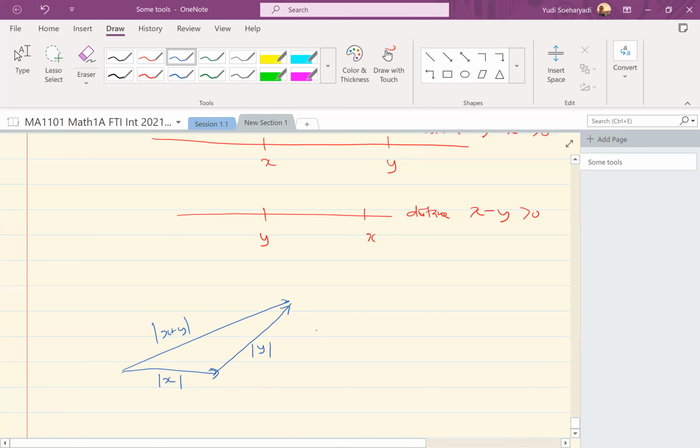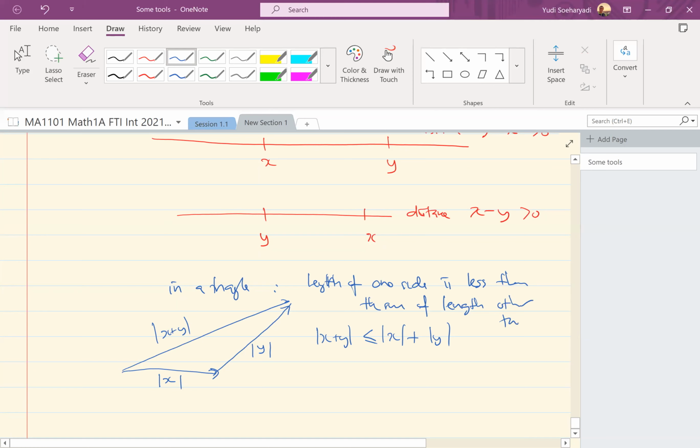So in a triangle, the length of one side is less than the sum of the lengths of the other two. So that's why it's called the triangle inequality.